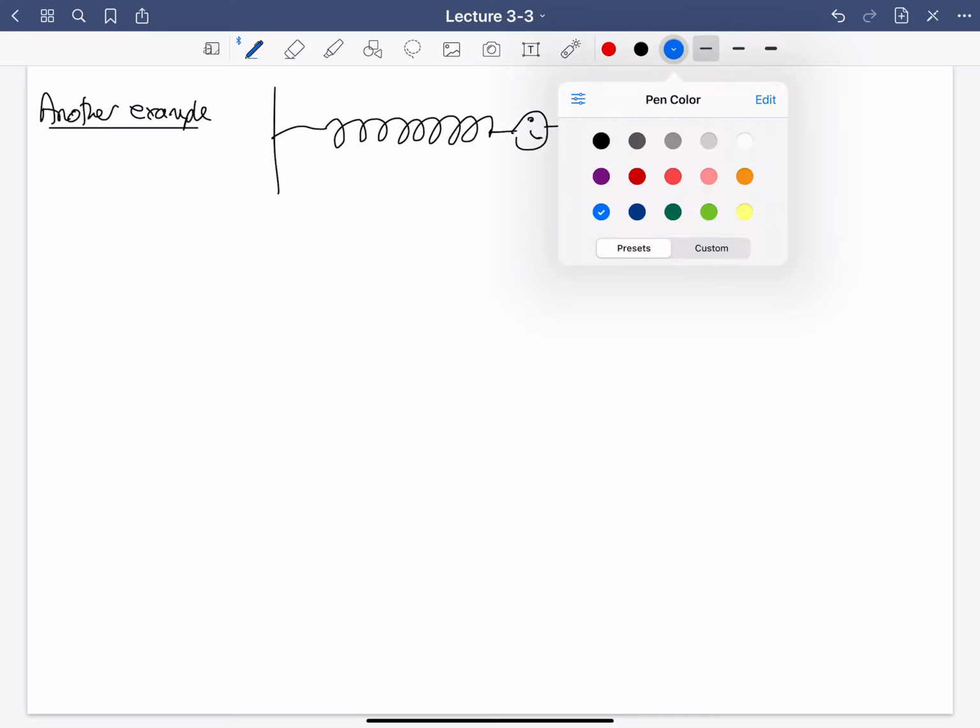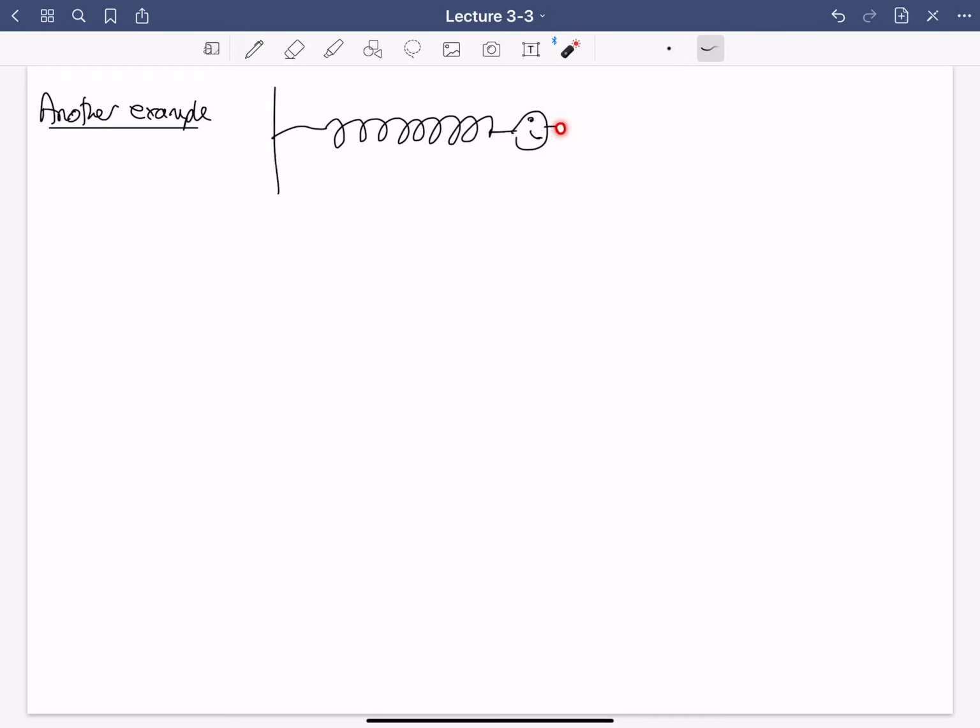And what you do with Springy is you put your finger on its nose and you pull it out here, so you stretch it and then you let go. And of course, Springy starts vibrating backwards and forwards. So let's go to the point. So we've stretched him out. There we go. There's Springy stretched out.